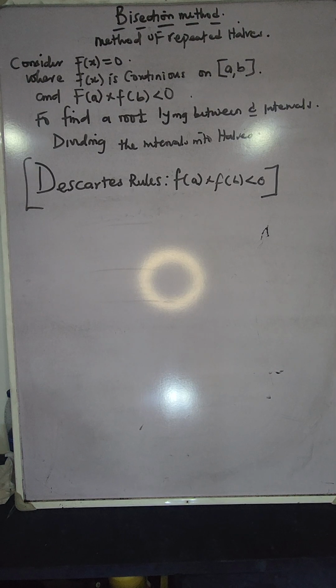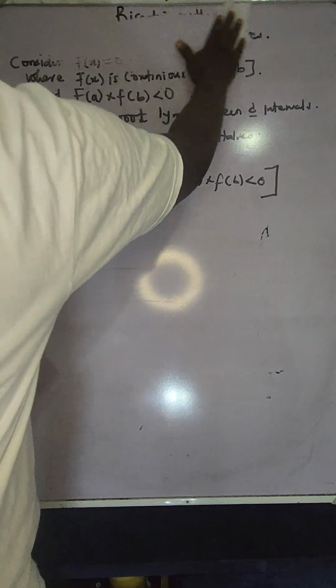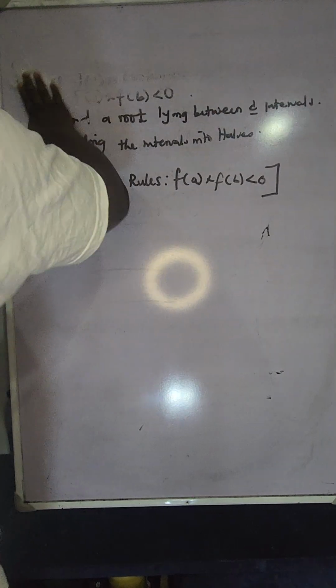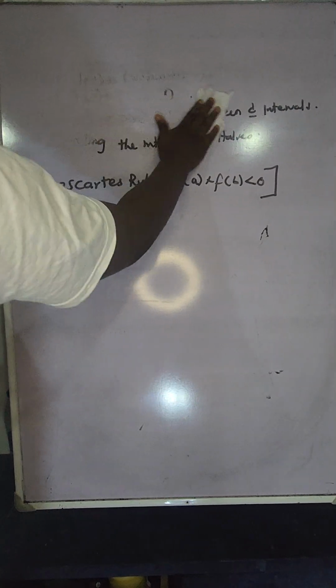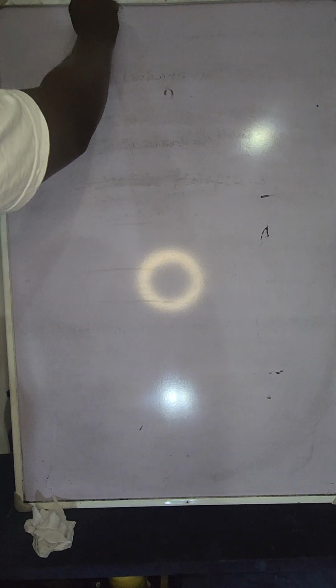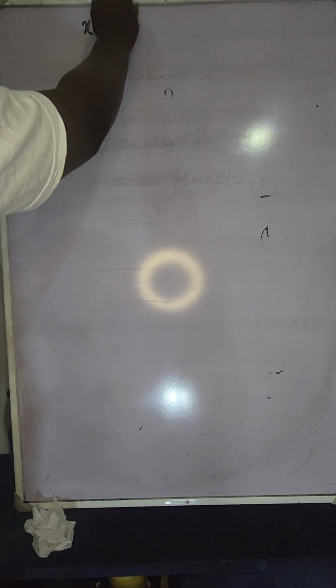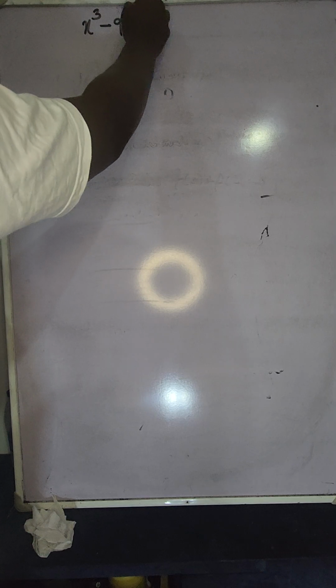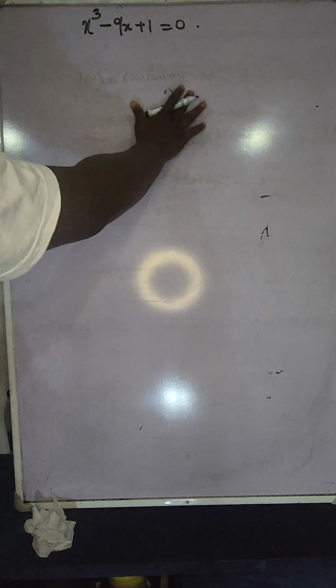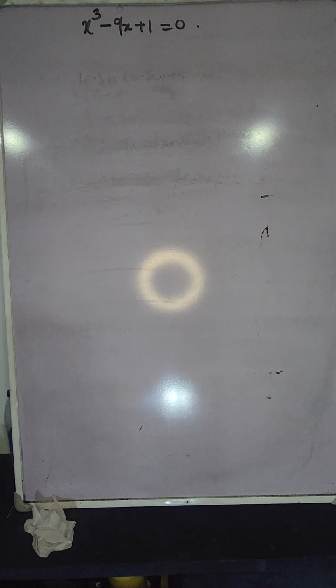So, without wasting much of our time, let us look at a question together. How do we solve the bisection method? Let's use a sample question. Example: we want to solve x to the power of 3 minus 9x plus 1 equals 0 using the bisection method.